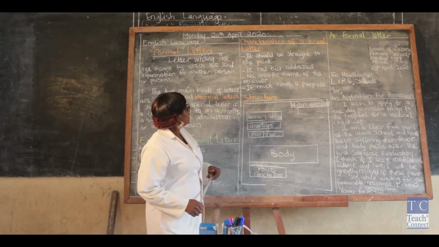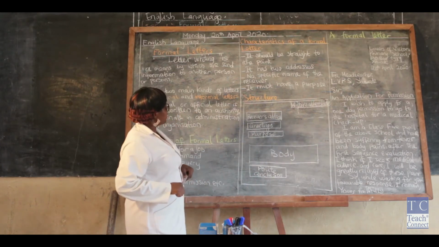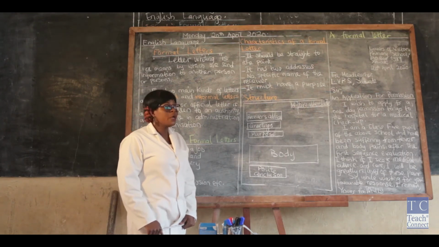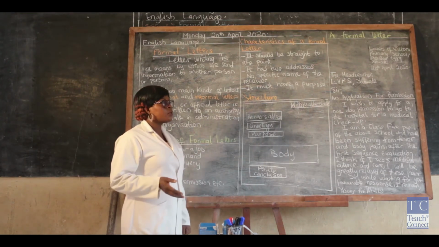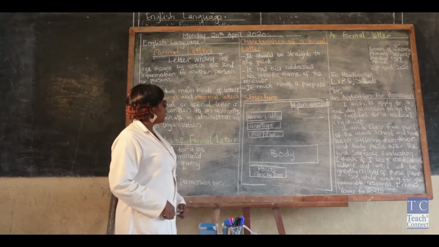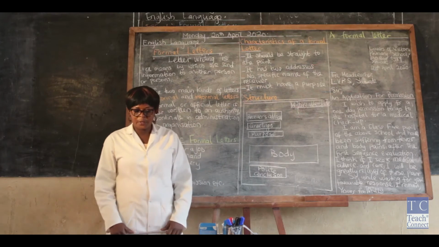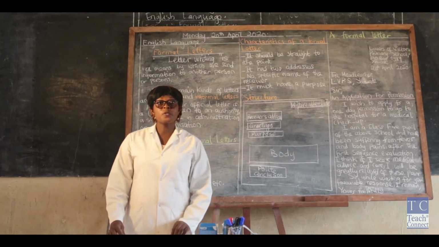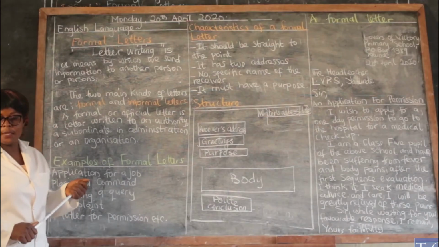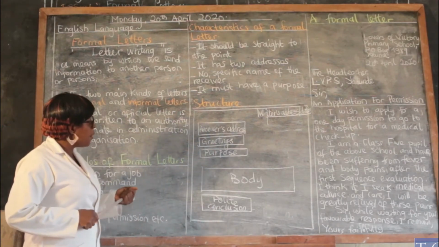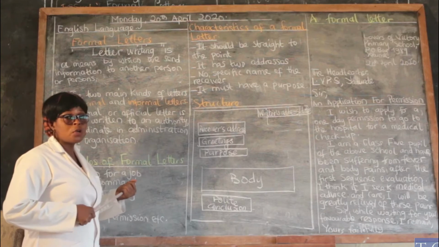A formal letter needs no specific name of the receiver. You can only address him, dear sir, dear madam, when need be. It must have a purpose. That is your purpose for writing the letter. A formal letter should have an official ending with your name at the bottom of the paper.